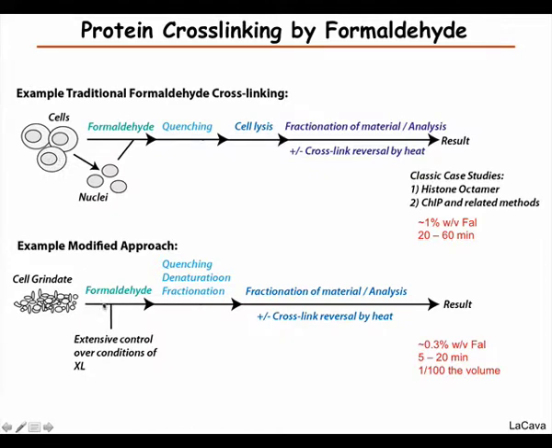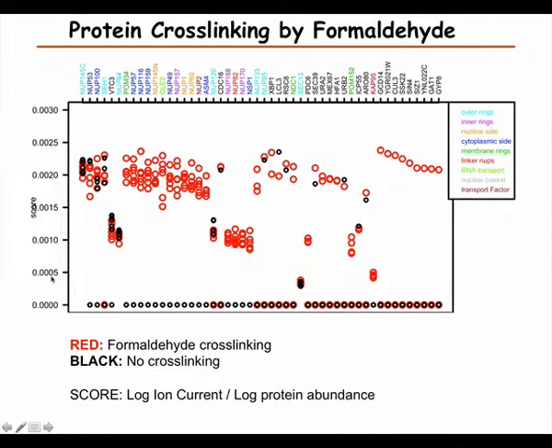But the idea in this slide is that one can take the cell grindate and do the cross-linking there. Then we don't change the growth conditions of the cells, but we still get a very good stabilization.